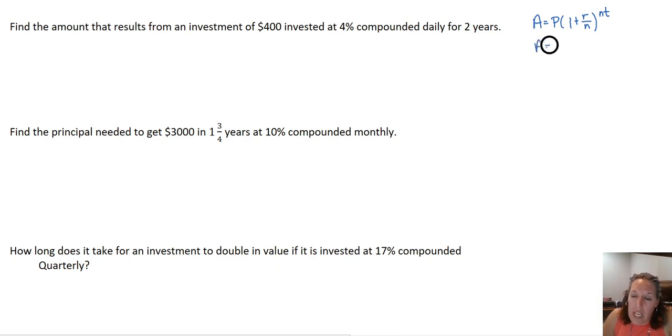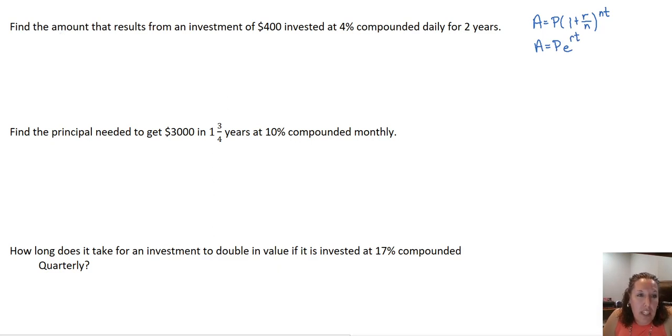Or we'll use A equals P e to the RT, and that's going to be where you have continuous compounding. And the A, P, R, and T are the same from the previous equation.